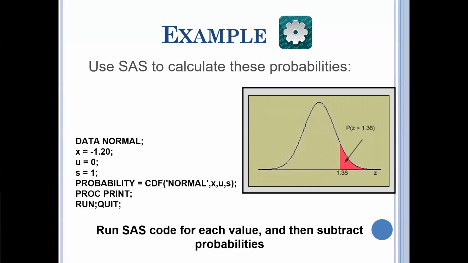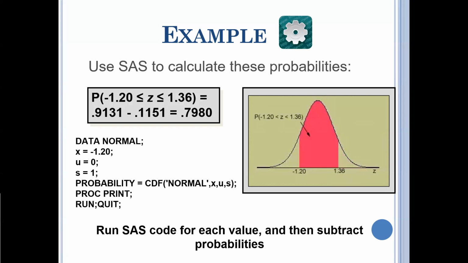It's just that simple. If we want to find in between, we can do that just as easily by figuring out 2 different CDFs, right? So if we want to find the probability that something is between 2 numbers, all you have to do is find the area below the top number and then subtract the area below the bottom number. And you can see that you're left over with what's in between, right?